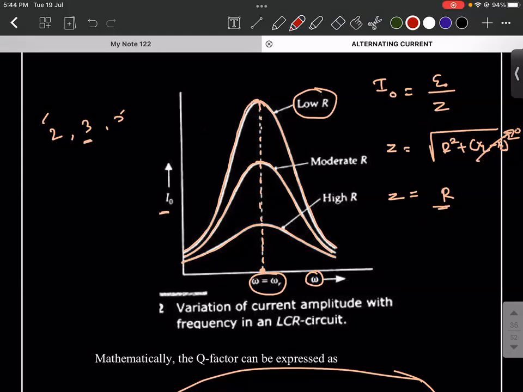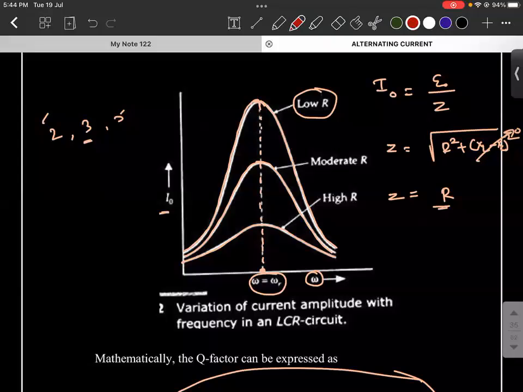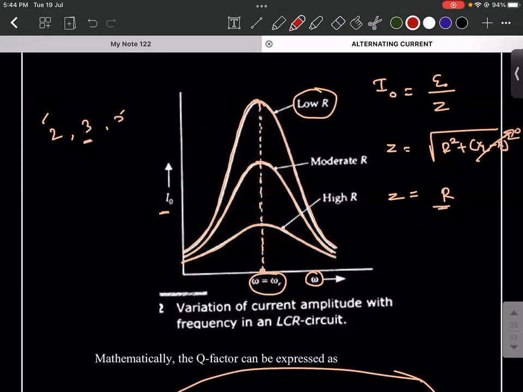Okay. So what is the sharpness of resonance? Shall I proceed? First of all, did you all draw the graph? Draw this graph.